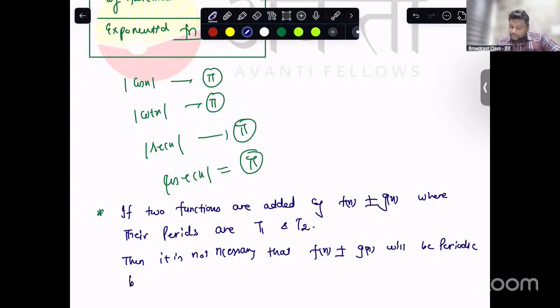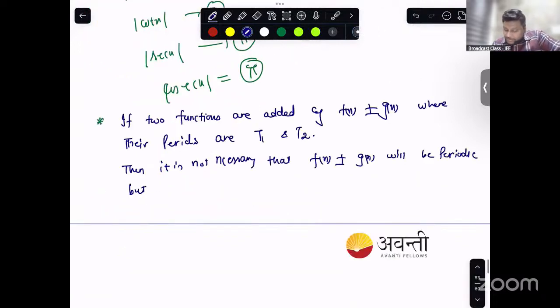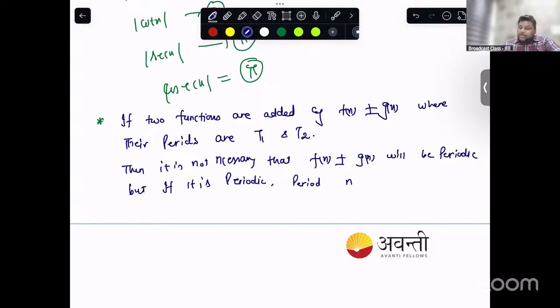But if it is periodic, then the period may be the LCM of T1 and T2.